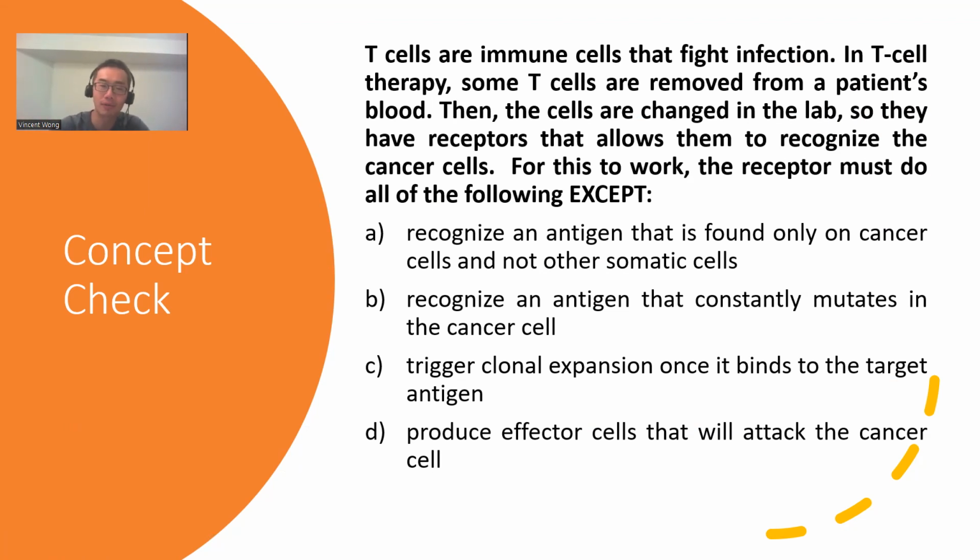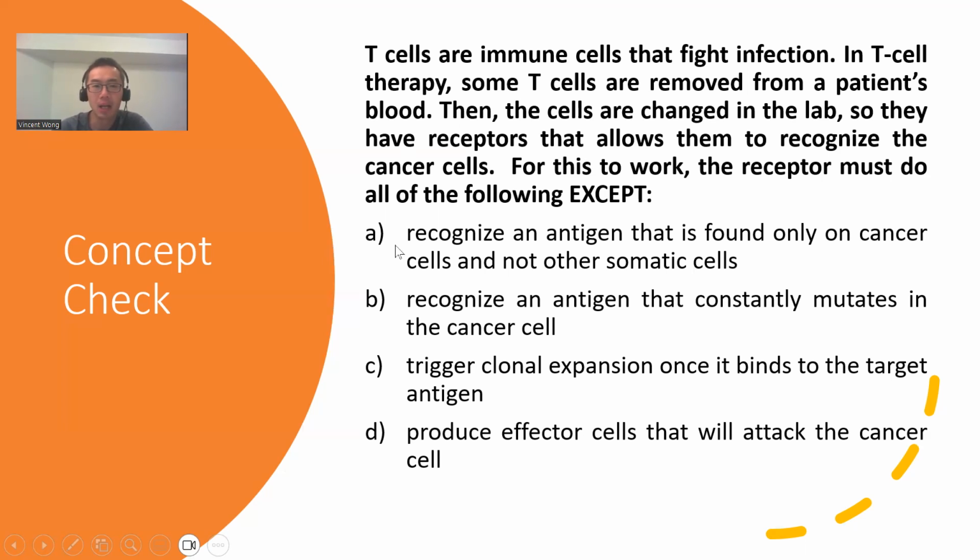Right? Cancer is harder for your white cells to recognize generally because they have very similar cellular pattern as your healthy cells, right? So, your immune system is not trained to do that. So this T cell therapy involves taking the T cells out, you kind of educate them on what the cancer cell looks like, and then you put them back into the body. For this to work, the receptor must do all of the following except, so let's see.